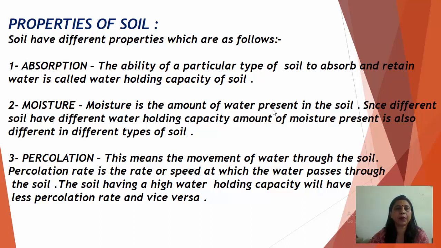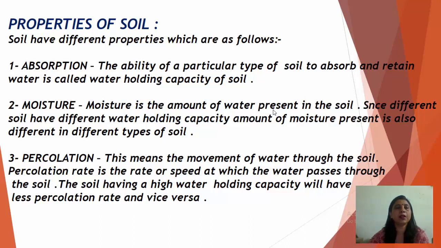Soil have different properties which are as follows. Number one is the absorption. The ability of a particular type of soil to absorb and retain water is called water holding capacity of soil, and this you may observe by taking the different soil samples. Suppose you take sandy soil, clay soil and loamy soil, and in all the three you just pour water.